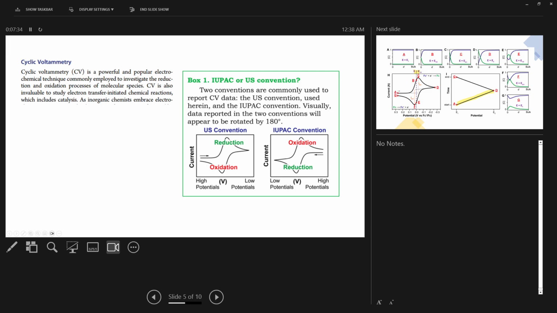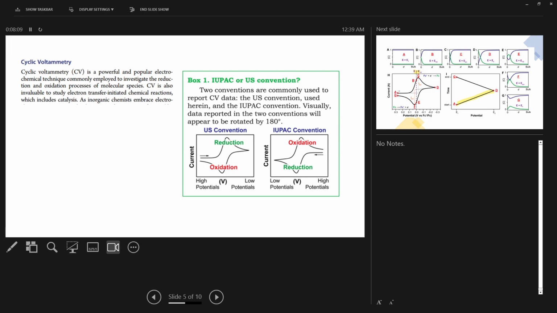Cyclic voltammetry gives us instantaneous information about the species present inside the cell: whether one species concentration is reducing with the passage of time and another species concentration is increasing, what happens when we move toward negative low potentials, what happens when we move to high potentials, and where the oxidation occurs and where the reduction occurs.